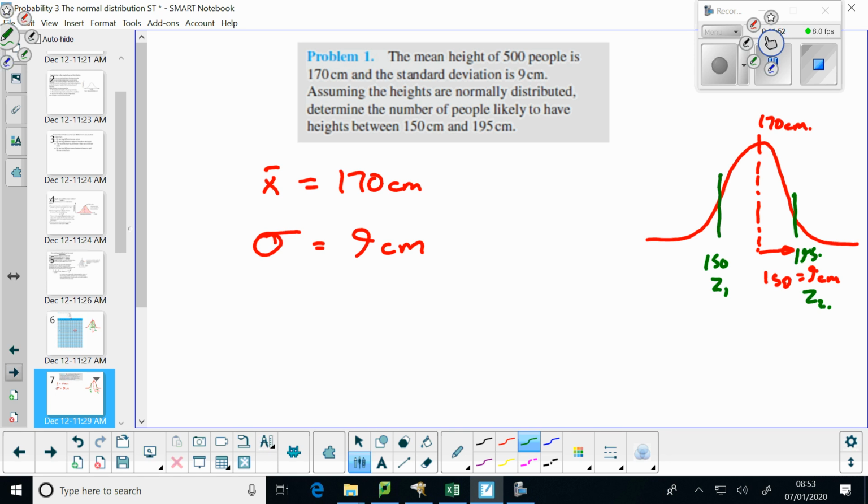What we need to do is find the probability, which is equal to the Z1 probability plus the Z2 probability. That will be the overall probability.